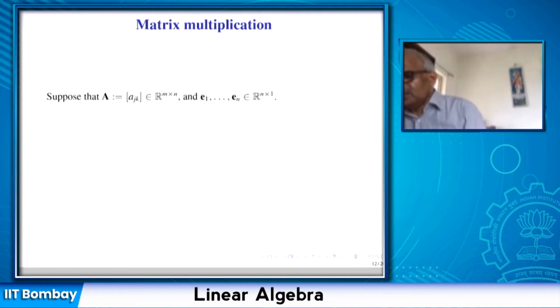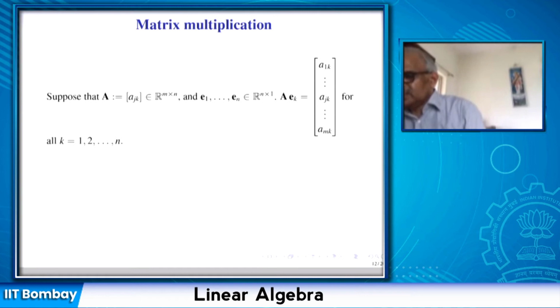So take the basic column vectors E1, E2, up to EN. The matrix is M by N and the column vectors have size N. So I can multiply A on the right by EK. A is M by N and EK is an N by 1 matrix, a column vector. So AEK, you can just check, is the kth column of the matrix.